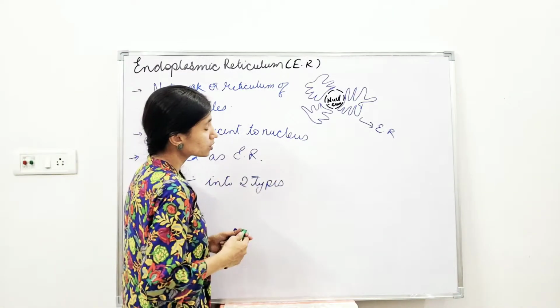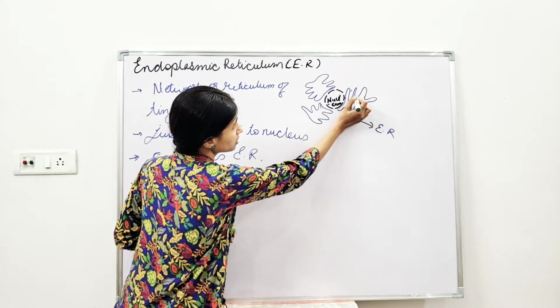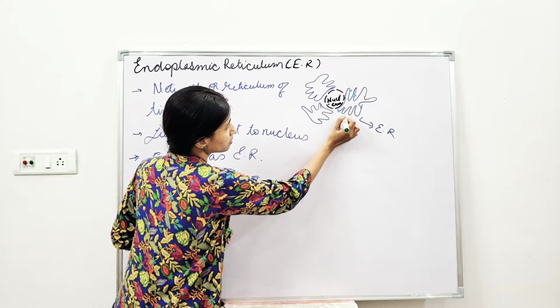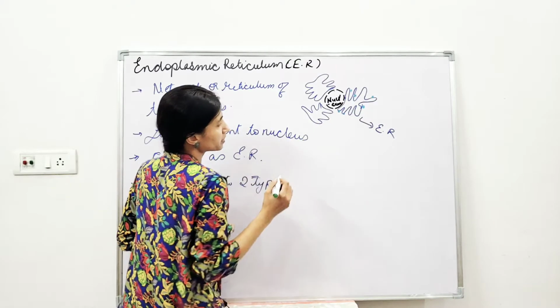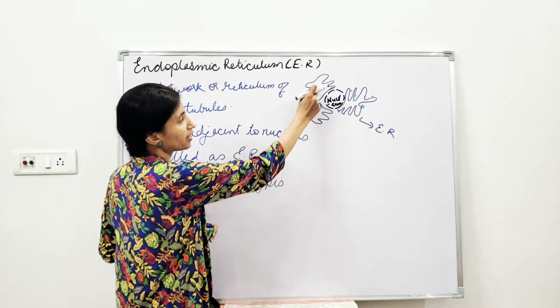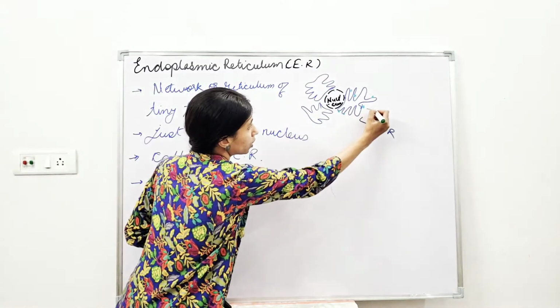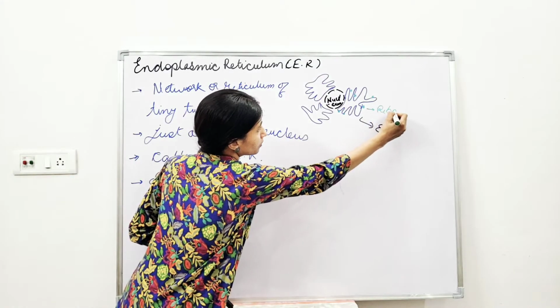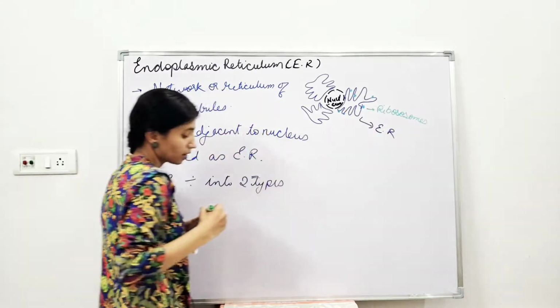If you see, I have drawn these green things onto one part of the endoplasmic reticulum and left the other two like that. These green ones are called ribosomes.